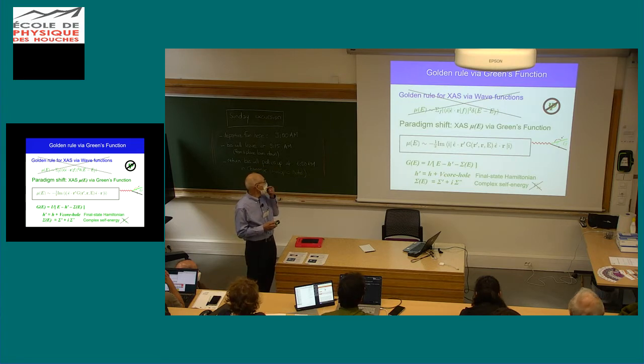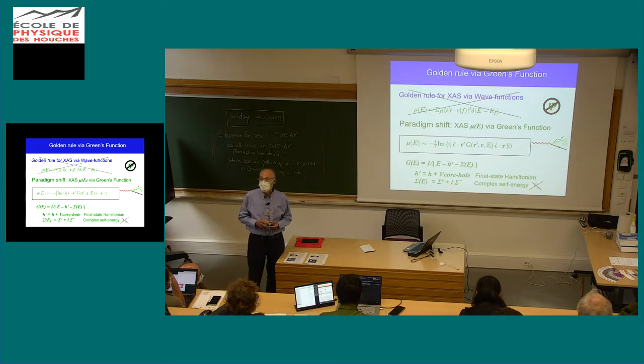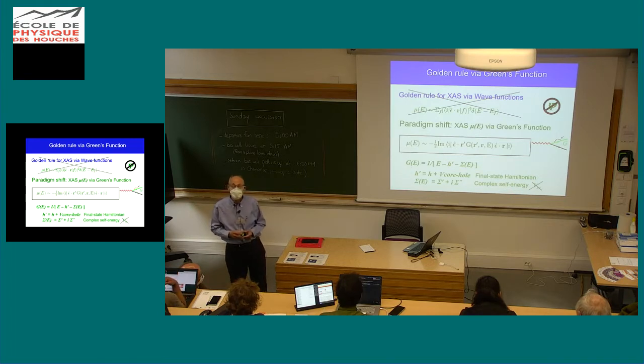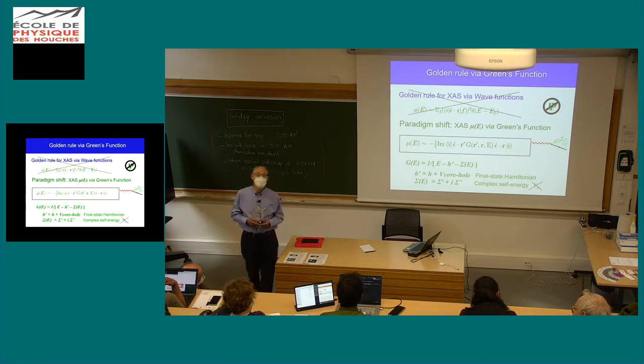And so our Hamiltonian, I call H prime, is not the ground state Hamiltonian at all. It's the excited state Hamiltonian, which is the ground state Hamiltonian plus the potential for a localized core hole of the edge that you're interested in, and then a dynamic and complex valued, what I call self-energy. And it's the self-energy that contains the mean free path. But it also contains a real part.